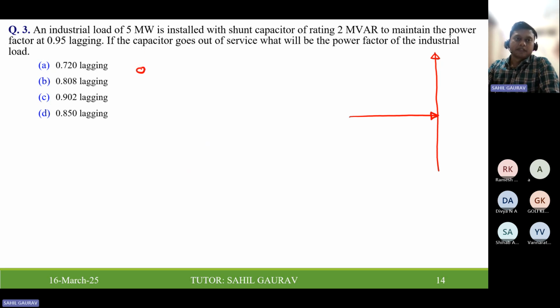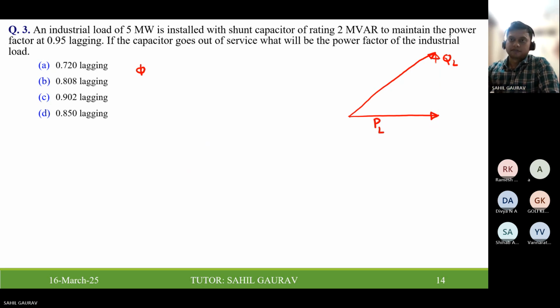So with the capacitor bank, we can find the power factor triangle. Suppose this is without capacitor, so this is PL and this is QL. Let us consider this is the reactive power compensation by the capacitor bank.